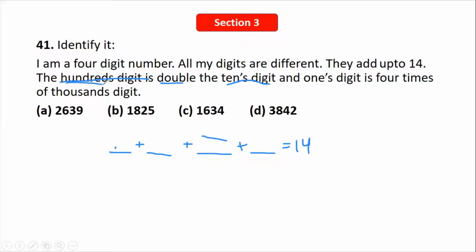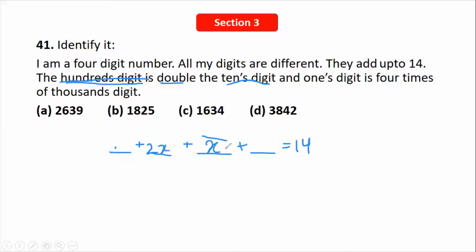So the tenth digit can be any number. We can say as x. So we will have 100 as 2 times x or 2x.